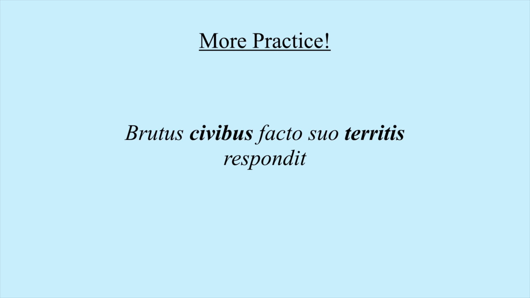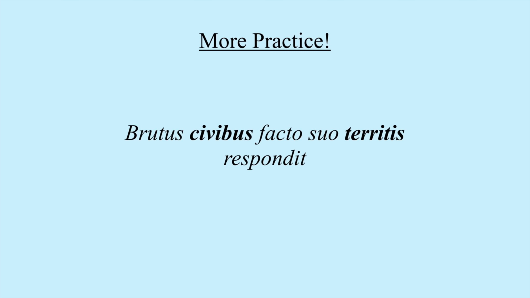We see territis is modifying civibus, and here we can say Brutus responded, right? Brutus responded to the citizens having been terrified by his deed. Or more simply, Brutus responded to the citizens terrified by his deed.